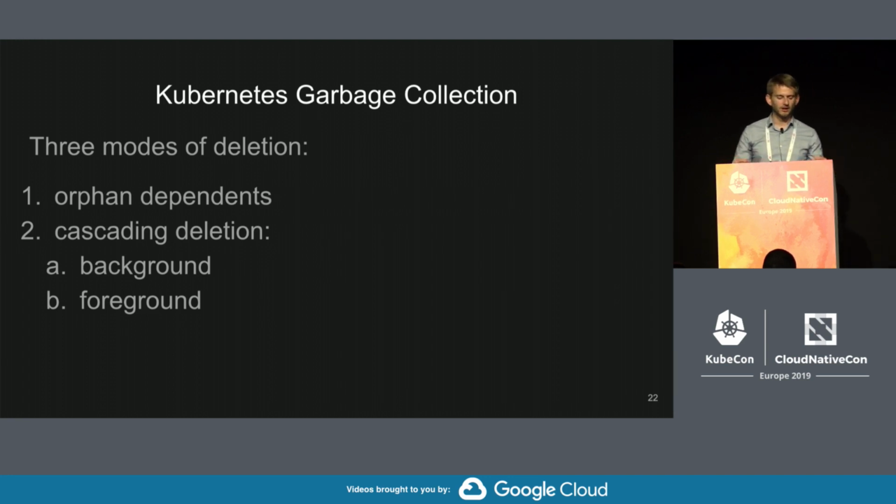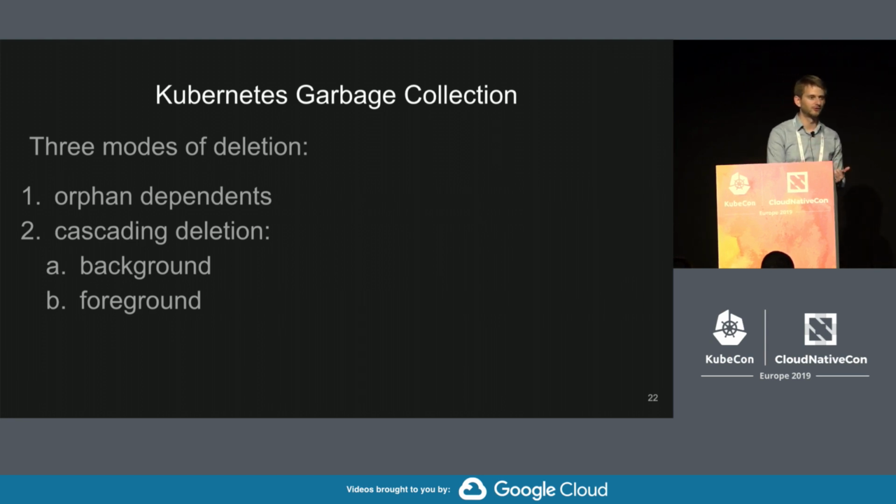It listens to basically all resources, and when, say, a foo object is deleted, it will check the dependency graph and see that the deployment needs to be deleted. I'll delete it.